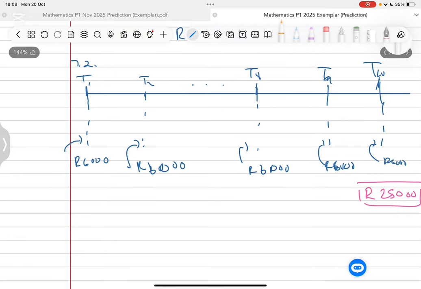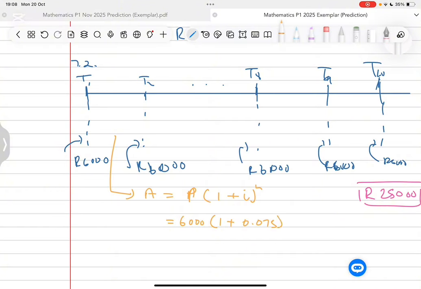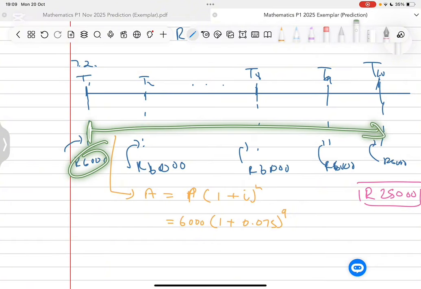Now, to represent this money, we are going to use the compound interest formula, where we say A equals P, open bracket 1 plus i, to the power n. And I'm saying here we are depositing 6,000 rand. We have 1 plus our interest, which will be 0.075. Remember, you are going to take this 7.5 and divide by 100. And we are saying that this will stay for 9 years. The first deposit here, this 6,000, will stay for 9 years.